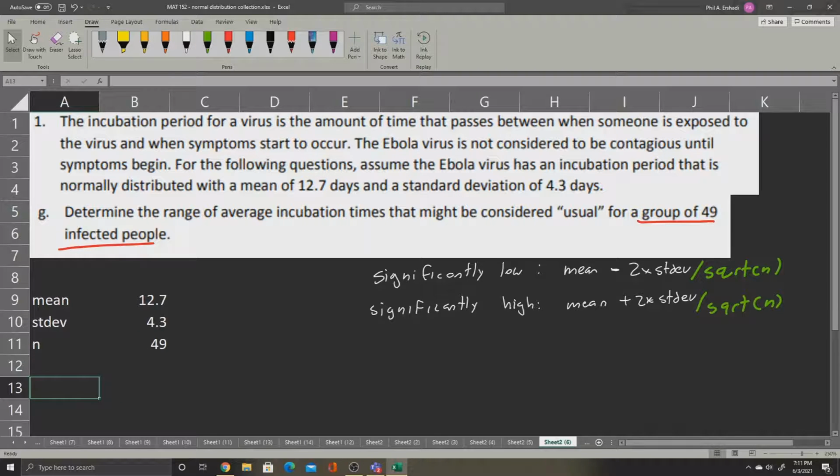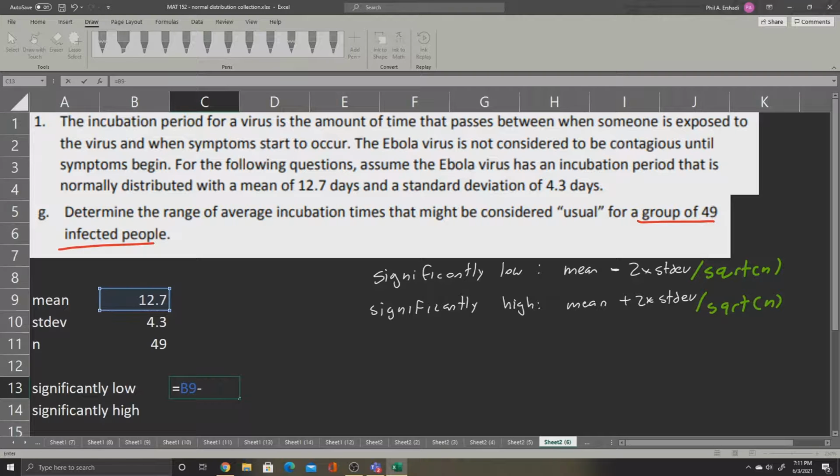Let's make a space for our significantly low value, and one for our significantly high value. Our significantly low value is mean subtract 2 multiplied by standard deviation divided by square root of n.